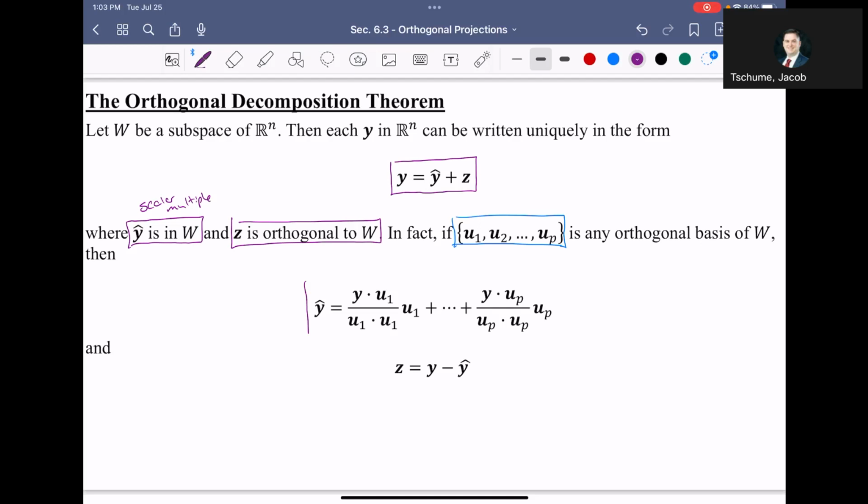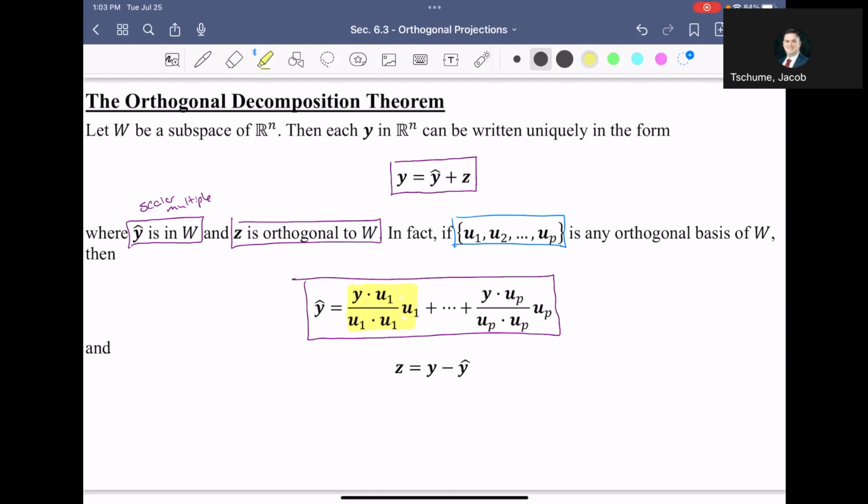So we can define y hat as the addition of multiple different orthogonal projections. The one that looks the most familiar to you from the last video is this first one, where y dot u1 over u1 dot u1 times u1. Now, drop the subscript of 1. That was our projection of y onto a vector u.